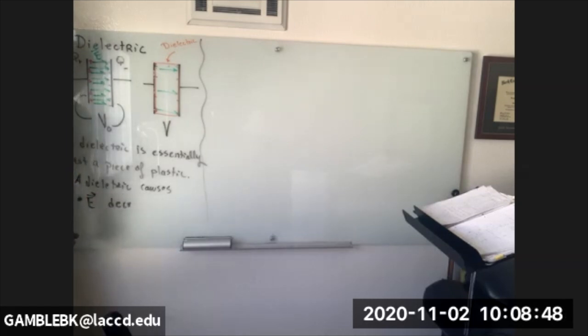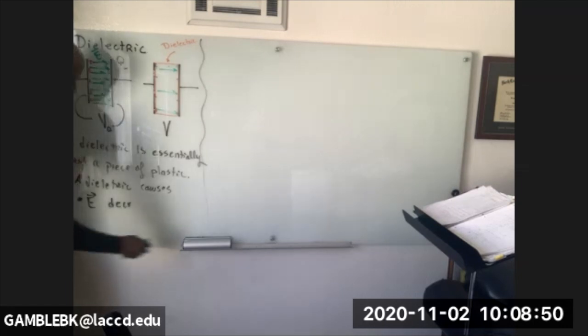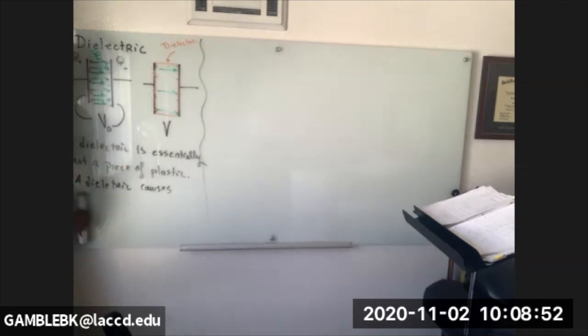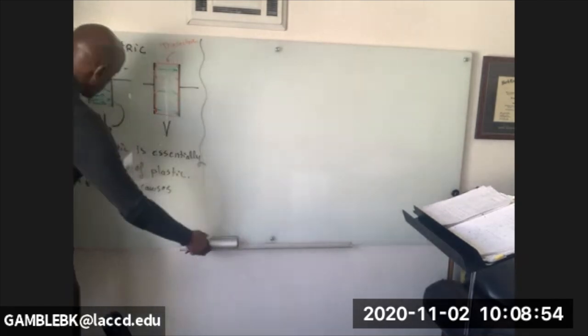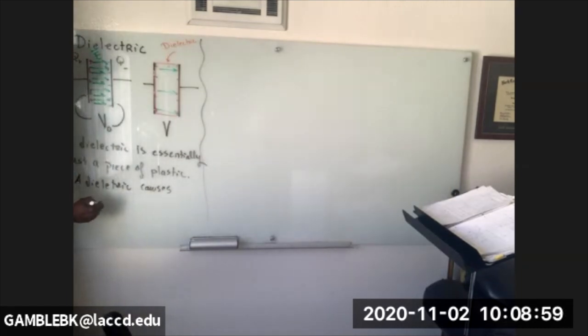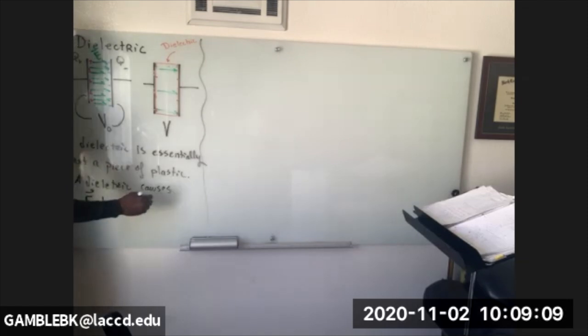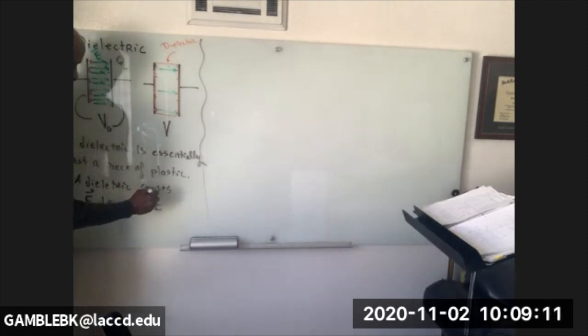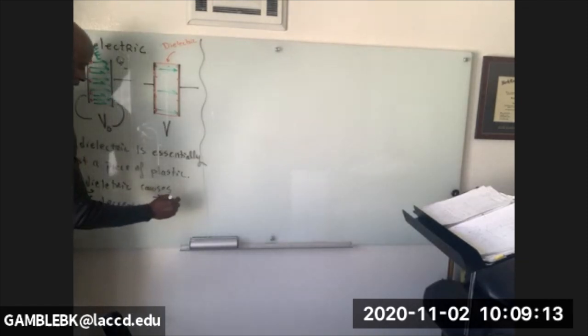In fact, why don't I make E naught, like all the naught quantities, the values of the quantities before I place the dielectric. So mathematically, E decreases, so that E should be less than E naught.